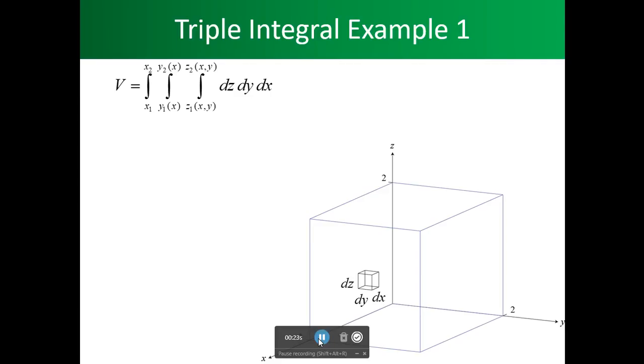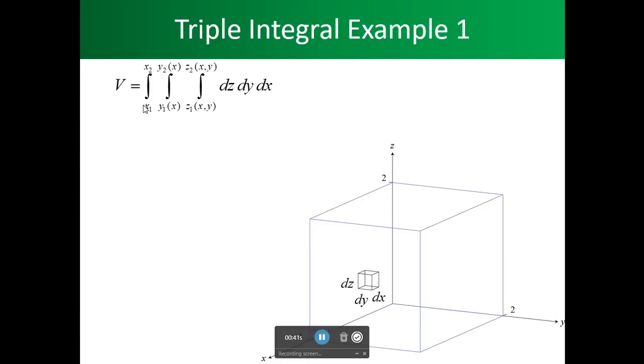We went through the theory of triple integrals, of what order to perform these integrals. Inner first, then you go to the outer: the dz, then the dy, then the dx.